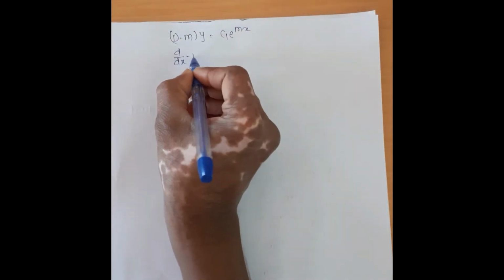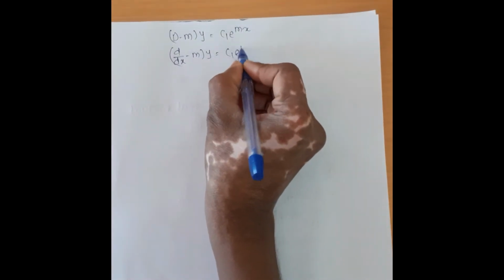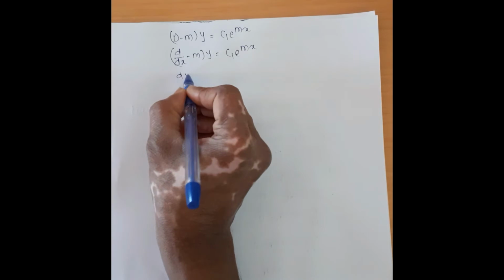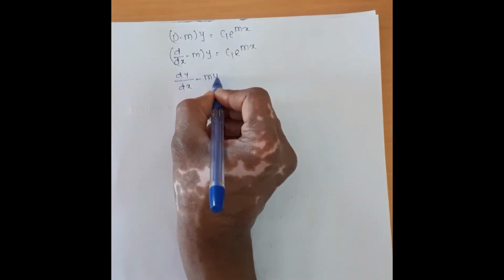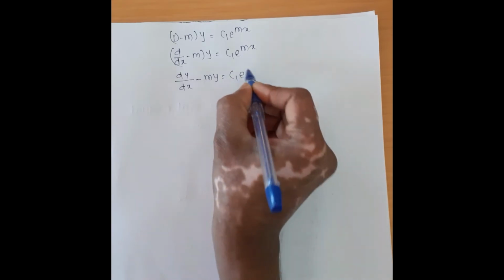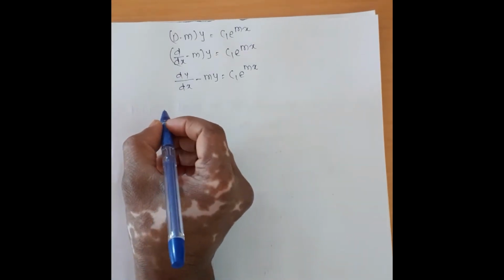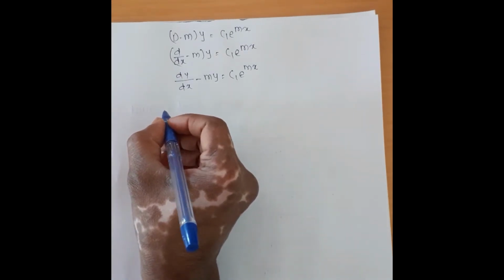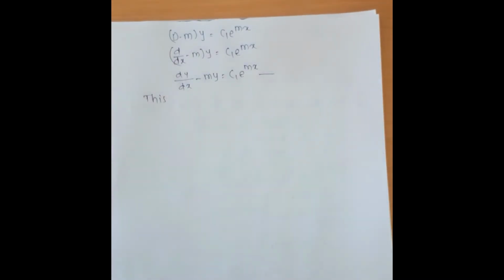So d by dx of minus m into y is equal to c1 e raised to mx, and dy by dx minus my is equal to c1 of e raised to mx. So this equation is a linear first order differential equation. We have completed equation 4, so this equation is 5.